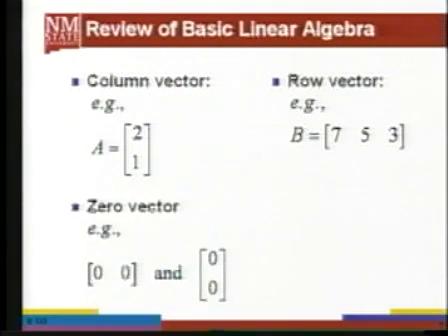And an m-dimensional vector in which all the elements equal 0 is called a 0 vector. So these are 2-dimensional 0 vectors on the bottom of the screen.